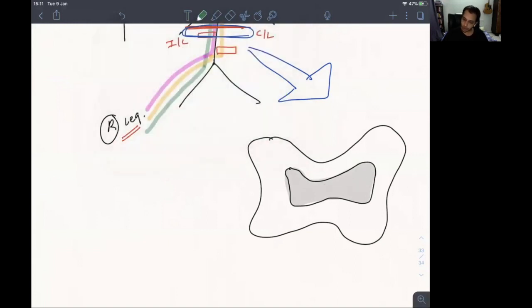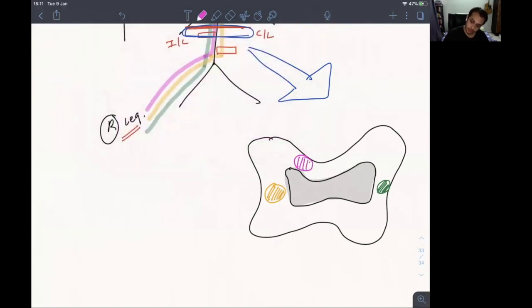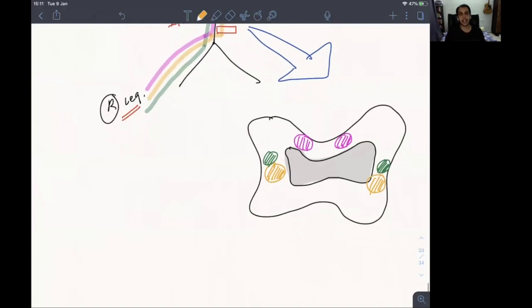Now, you have your corticospinal tract here. You have your lateral spinothalamic tract here and your posterior column here. Of course, this is on both sides. So we have a corticospinal tract here also and lateral spinothalamic tract here. Now, there can be different types of lesions.